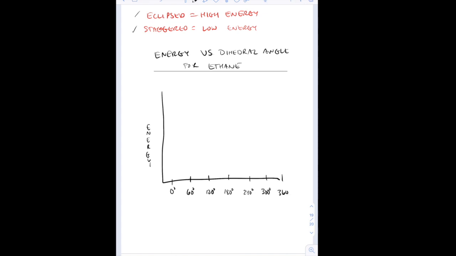Okay, which is basically back to 0 where we started. Okay, and so what we want to do is, let's say we start at a dihedral angle of 0.